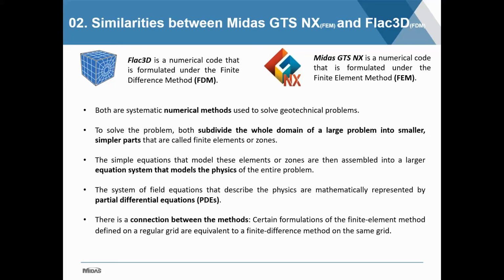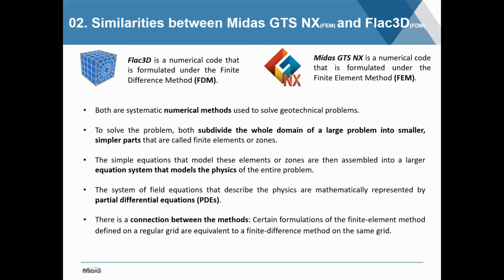In Midas, they're called elements, whereas in Flac they're called zones. Then simple equations are used to model these smaller elements or zones, and all these subsequent equations are assembled into a larger equation system that's going to model the physics of the entire problem. And then this system will describe the physics mathematically through partial differential equations.